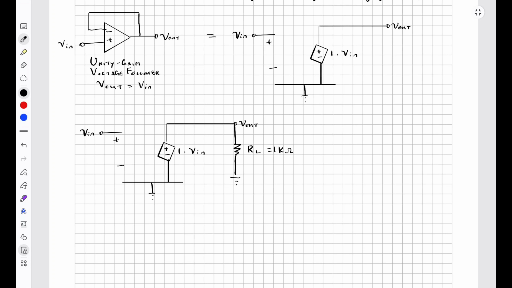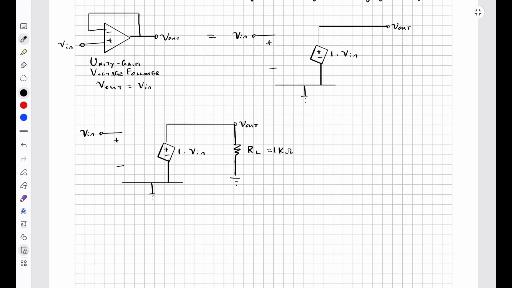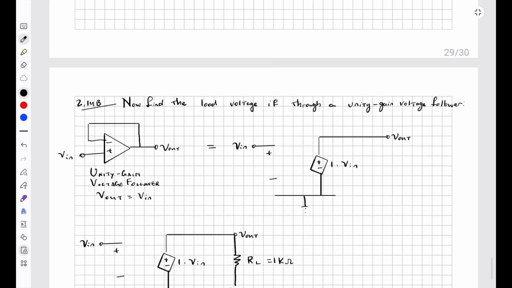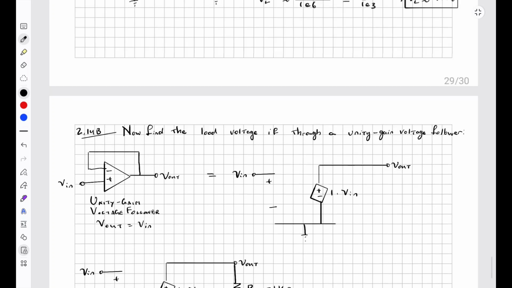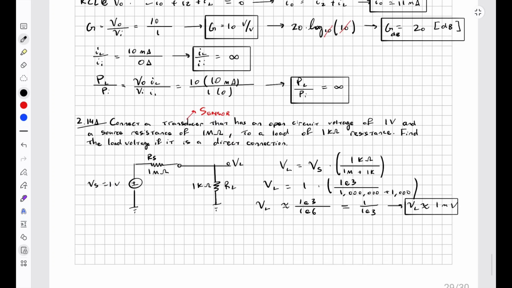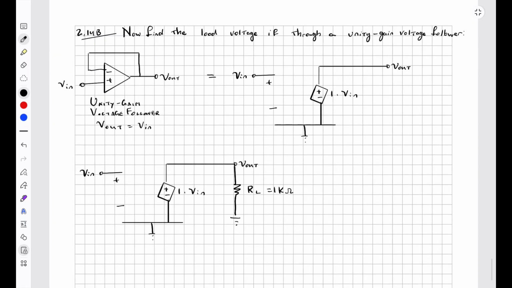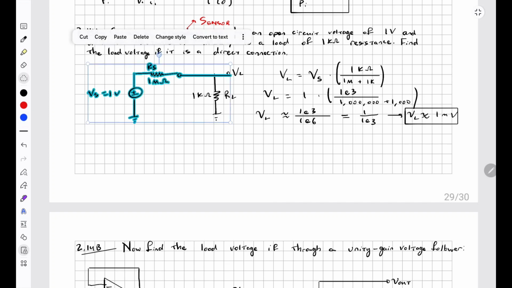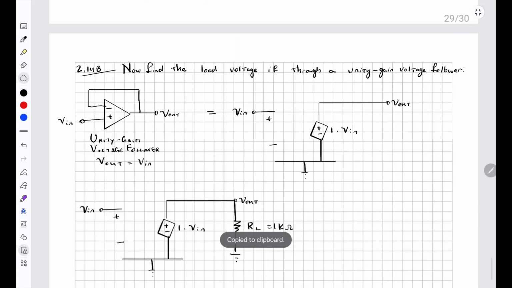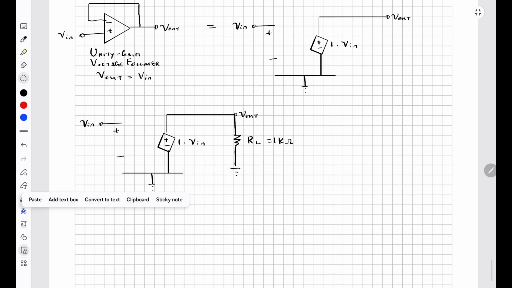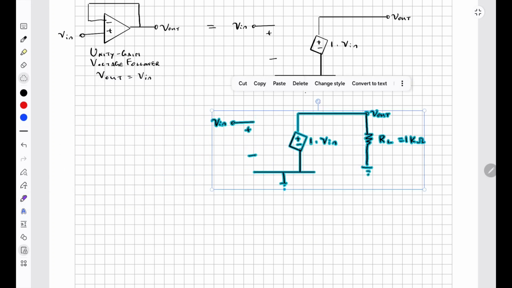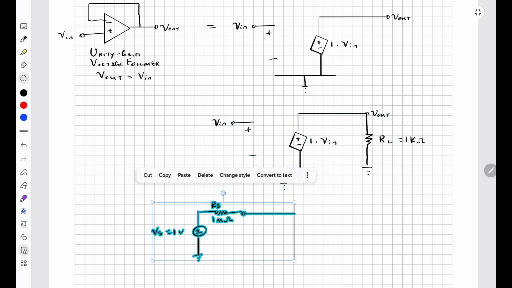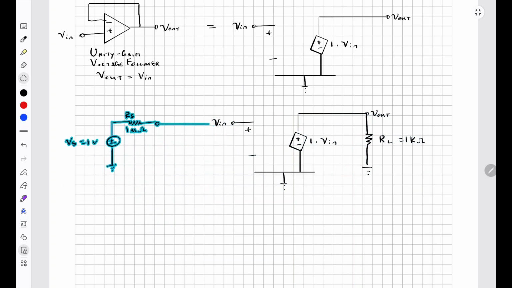Now keep in mind there is another thing that we need to add to this circuit. Remember, there was a statement that there is a source resistance of 1 megaohm. So let's copy this sensor part of it and slide it to the right to make some space, and then connect this sensor part to the V in.